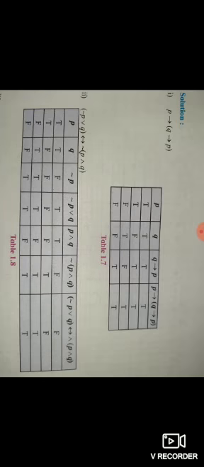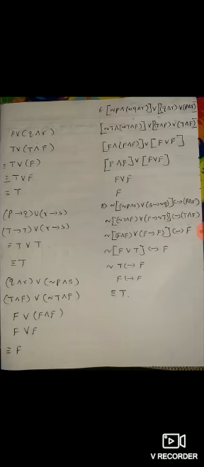Today we have seen how to find the truth value when the statement is given in symbolic form. To use the truth value and apply the connectives, we have to use the tables.